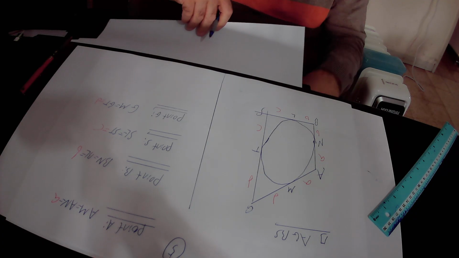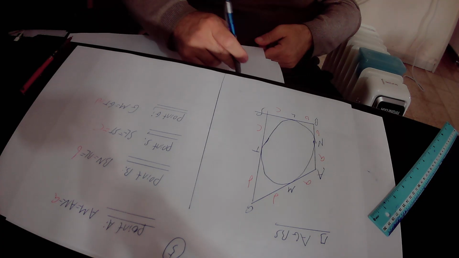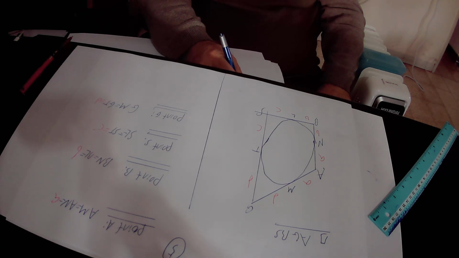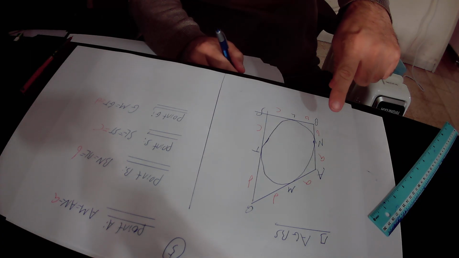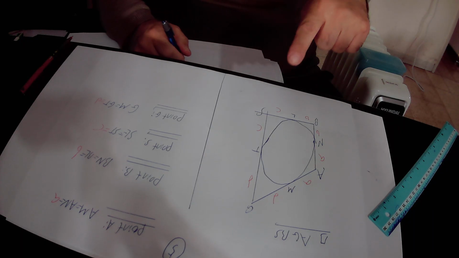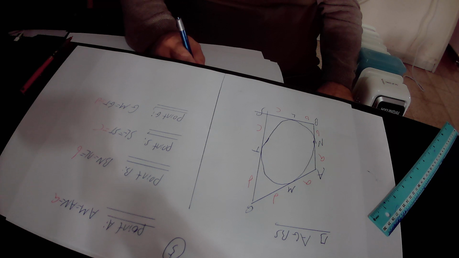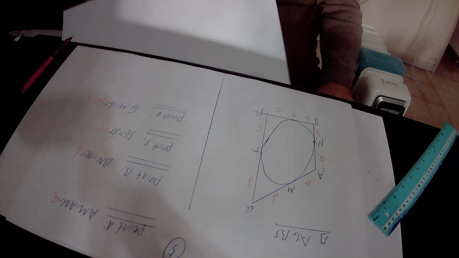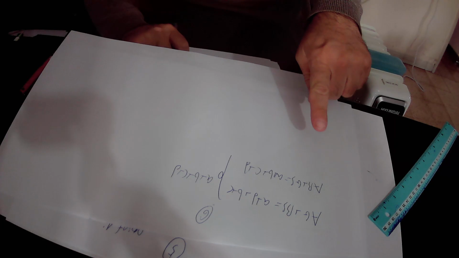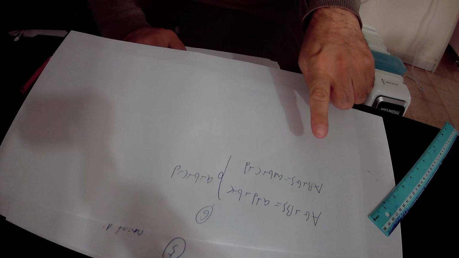In the next step, we will add side AB to the opposite side, side GS. The length of side AB is a plus b, so we substitute AB by a plus b. And the length of side GS is equal to c plus d. So in total, we found out that AB plus GS equals a plus b plus c plus d, exactly as this expression.